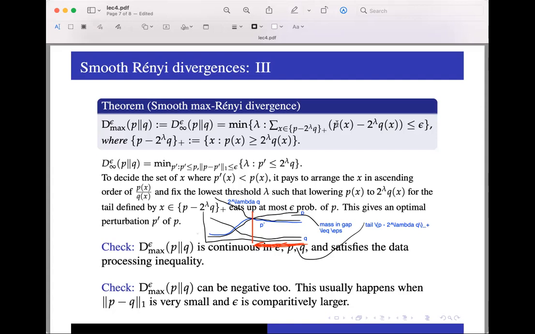So I claim that if I increase epsilon, this distinguishability should go down.